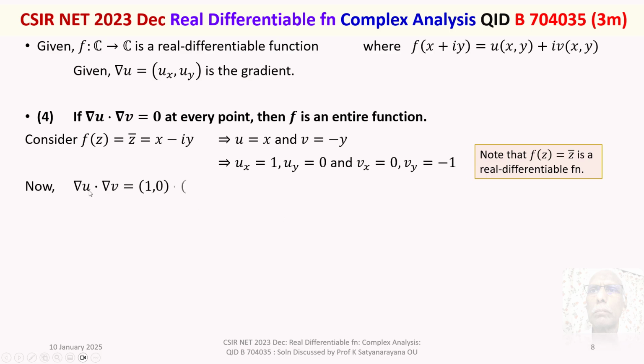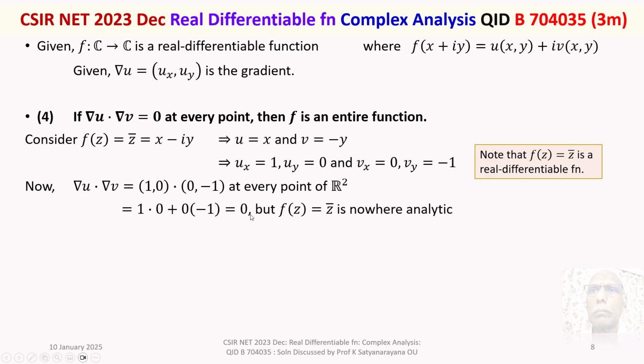Now, del u dot del v is (ux, uy) = (1, 0) dot (vx, vy) = (0, -1). Take the dot product: 1 times 0 plus 0 times -1 is 0.